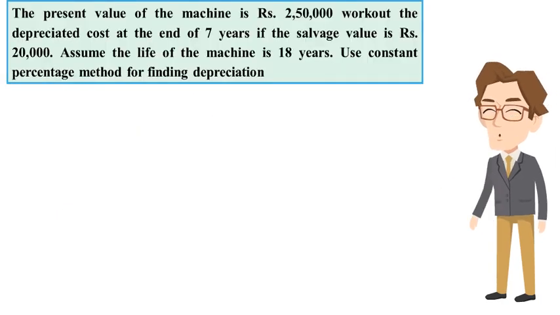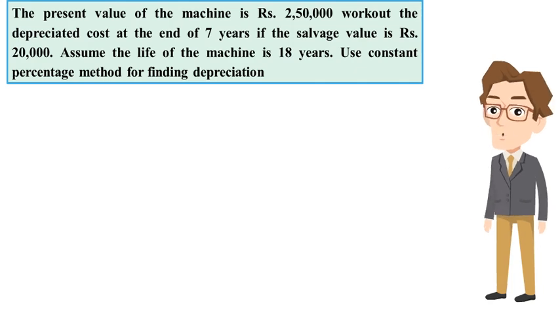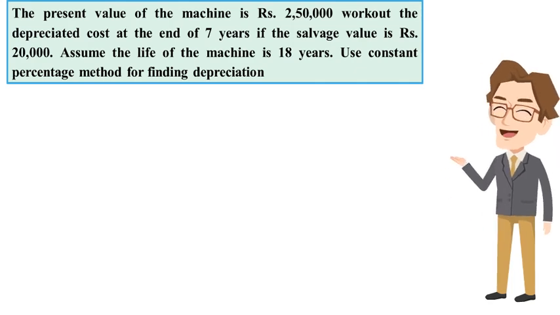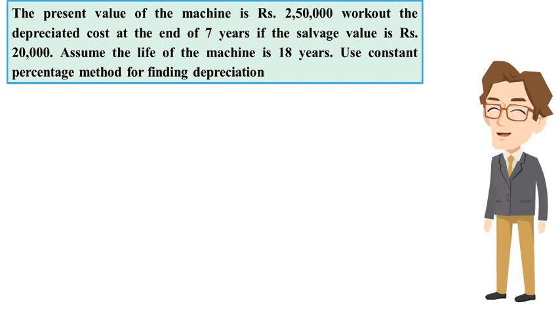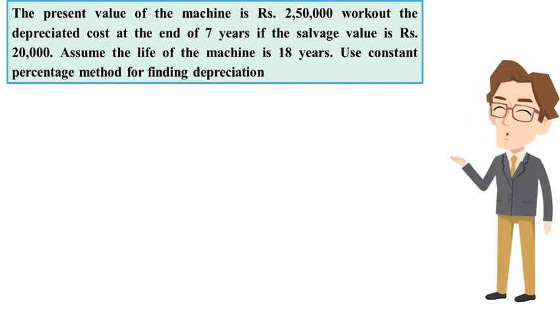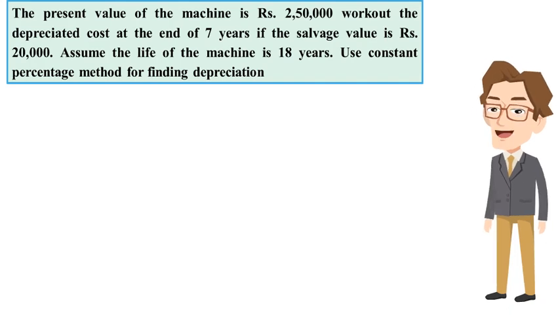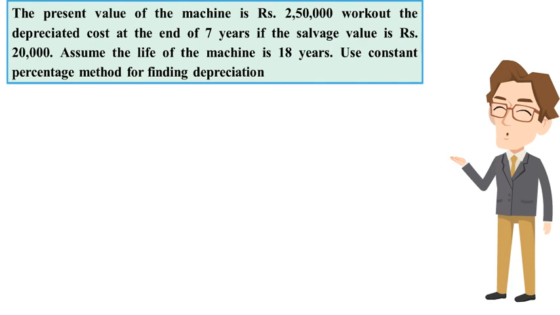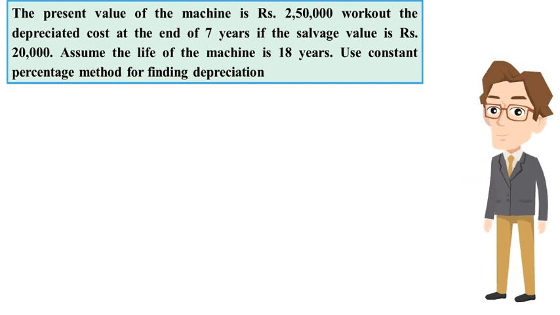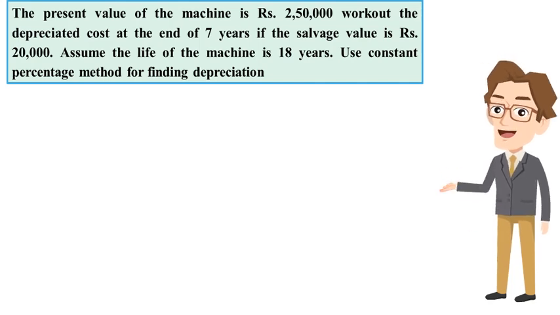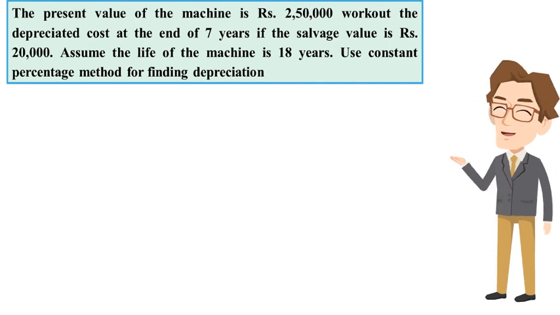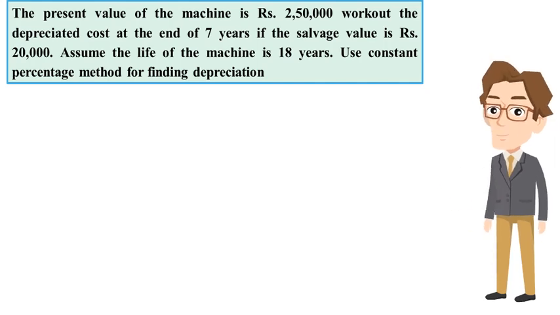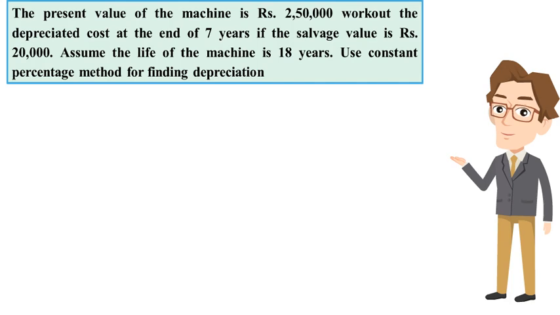Let's consider a machine that has an initial cost, or original cost, of Rs 50,000. We're going to calculate the depreciated cost at the end of 7 years. The salvage value of the machine, which is the estimated value of the machine at the end of its useful life, is given as 20,000 rupees.